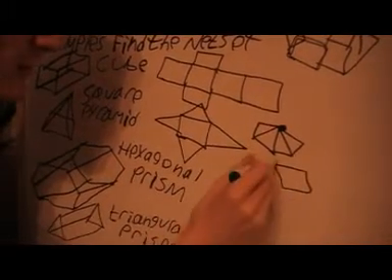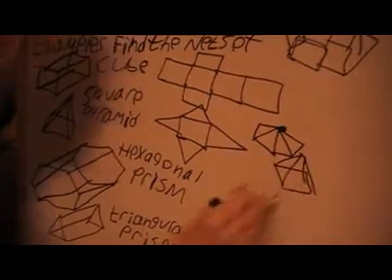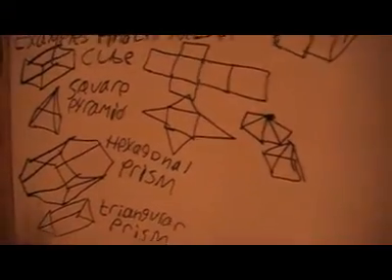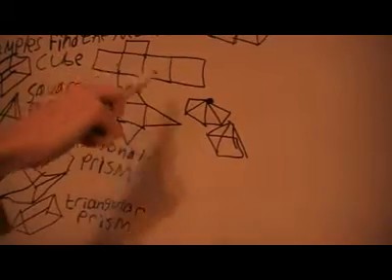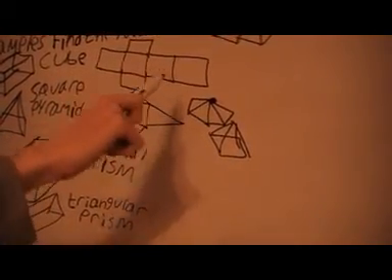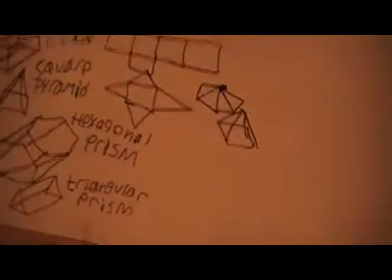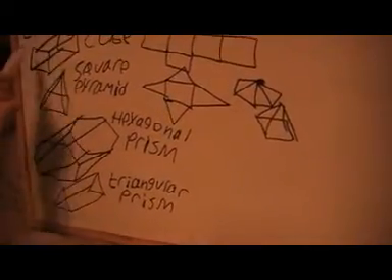But of course you have the square on the bottom, so it'll look like that. Okay, so those are the nets for the shapes, and also you can have a net and fold it up and see what shape it makes, so you can go both ways with this. But the hardest way is drawing a net of a 3D shape.